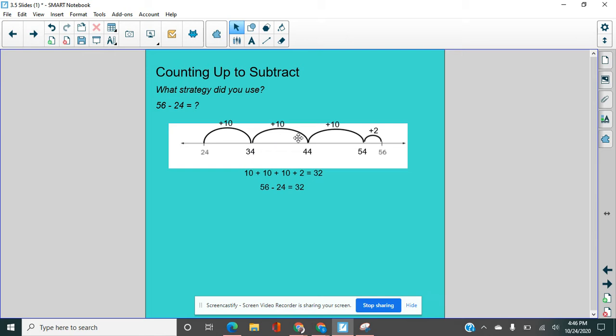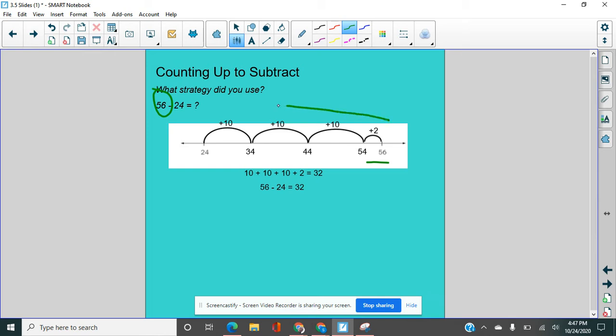And then another jump gets us to 44, and another jump gets us to 54. And then if we did another jump, that would be 64. That would be too much. We want to get to 56. Why 56? Because it's the number right there that is at the beginning of our problem. So two more to get to 56.